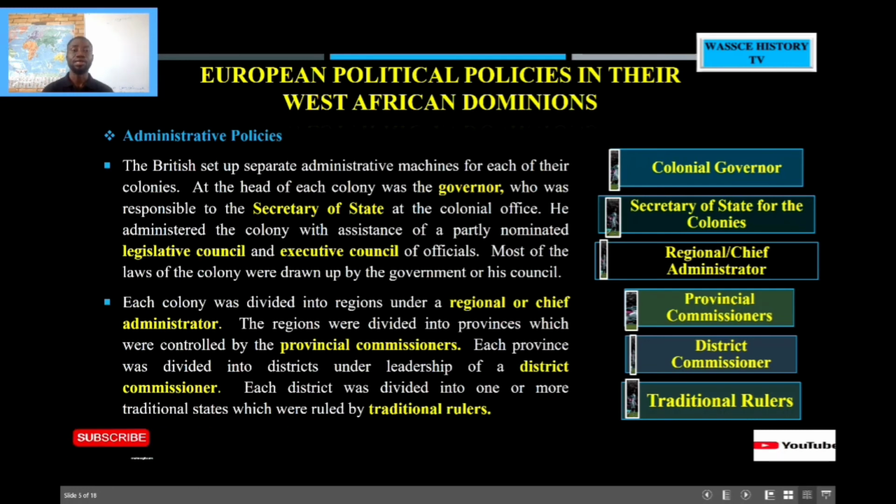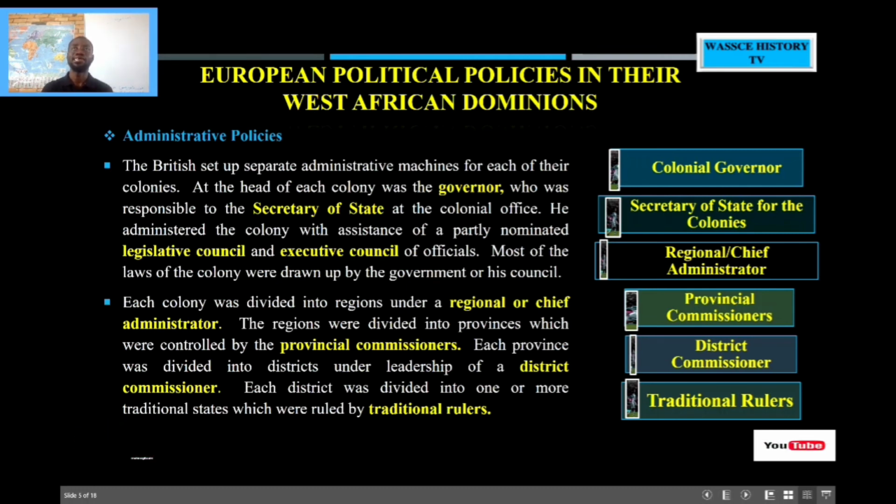Now, the regions were then divided into provinces, which were controlled by the provincial commissioners, and each province was also divided into districts under the leadership of a district commissioner. And each district was divided into one or more traditional states. That is where the traditional rulers were supposed to rule directly with the people.